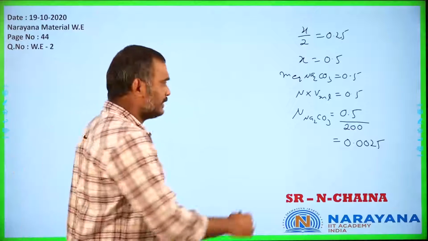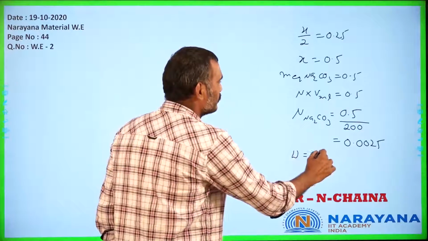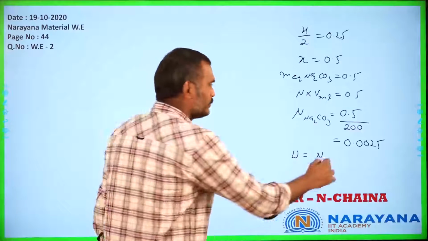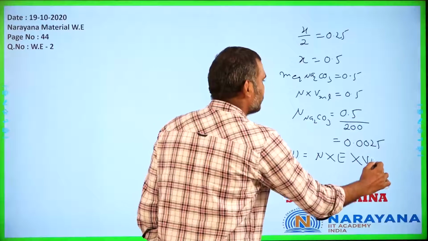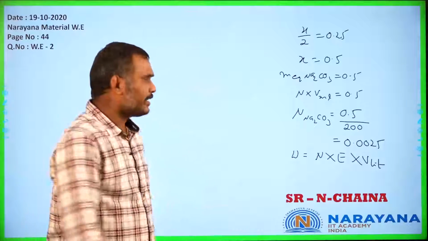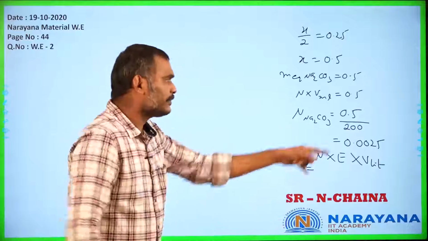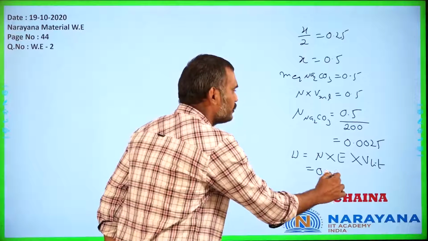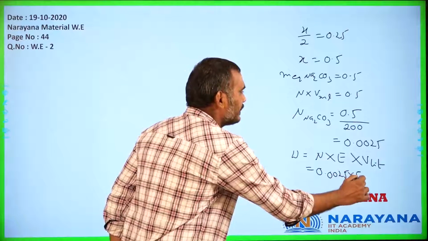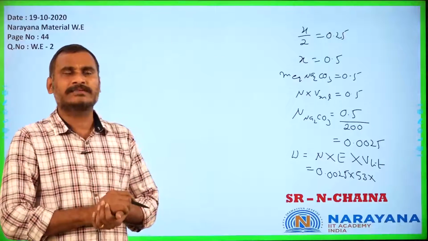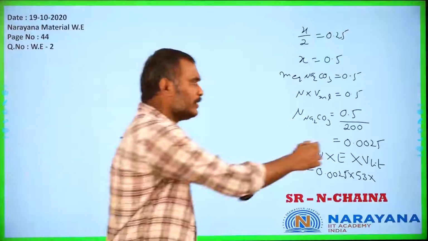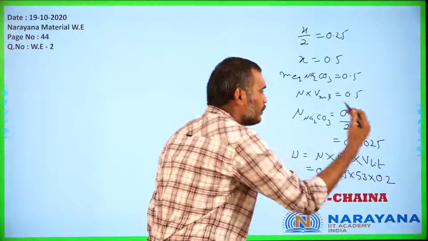If you know normality, automatically you can calculate the weight of the sodium carbonate also. How, sir? Weight is equal to normality of the solution into equivalent weight into V in liters. Normality is 0.0025 and equivalent weight is equal to 53 because sodium carbonate molecular weight is 106 by 2, into volume in liter, that is 0.2.